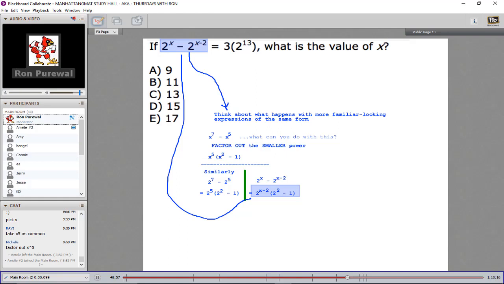And so that's 2 to the 2 minus 1 is 3. So this is 2 to the x minus 2 times 3. So 2 to the x minus 2 times 3 equals 3 times 2 to the 13th.